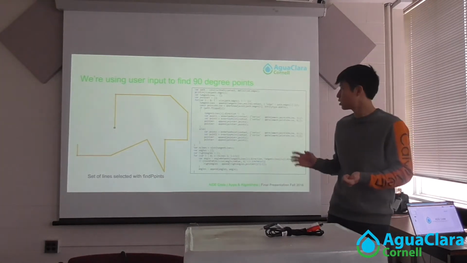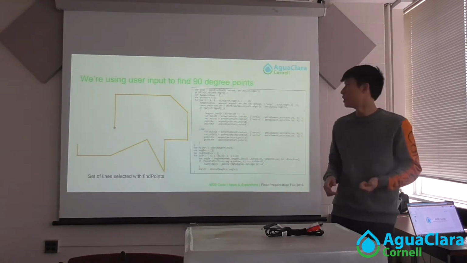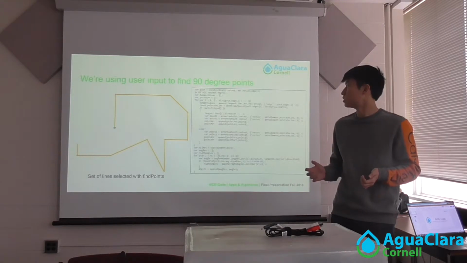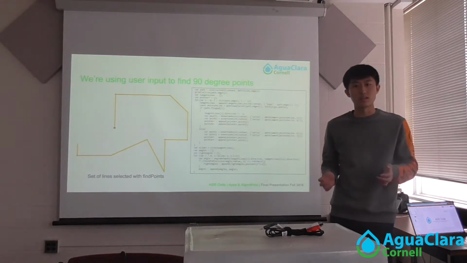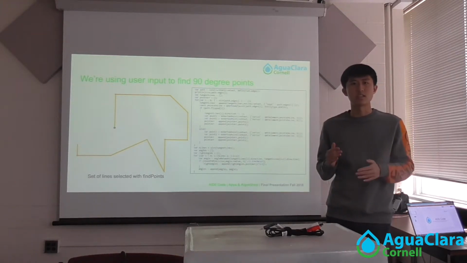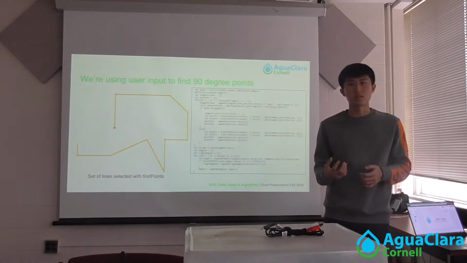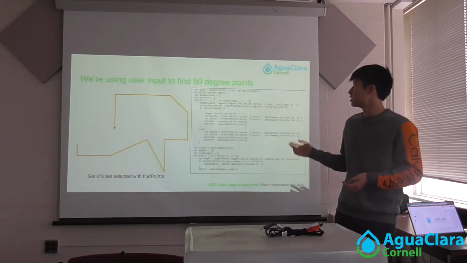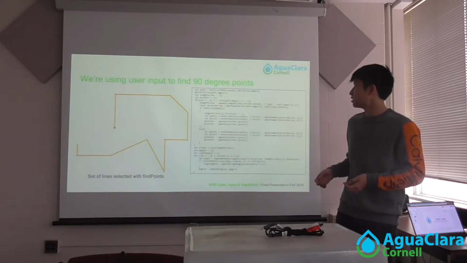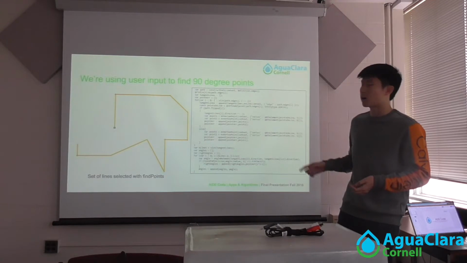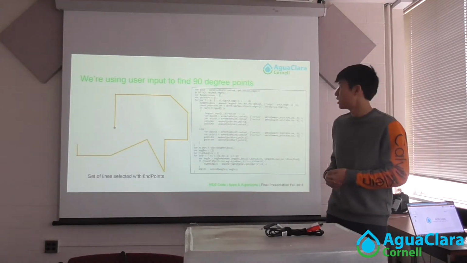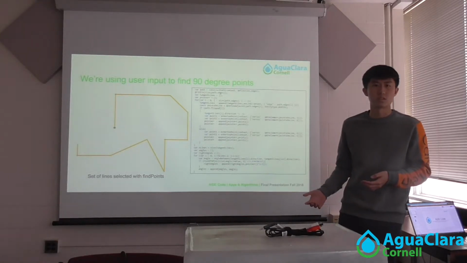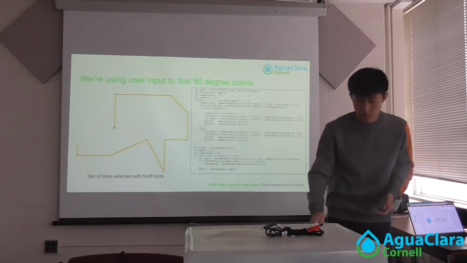By orienting all of the lines to go in the same direction, as well as connecting them together in a path, we can find the angles of all the adjacent lines, and if the angle is 90 degrees, we can put that into an array. As you can see in this image, the 90-degree angles are highlighted with red dots, and those will be returned as an array to go into our other functions as locations for elbows.